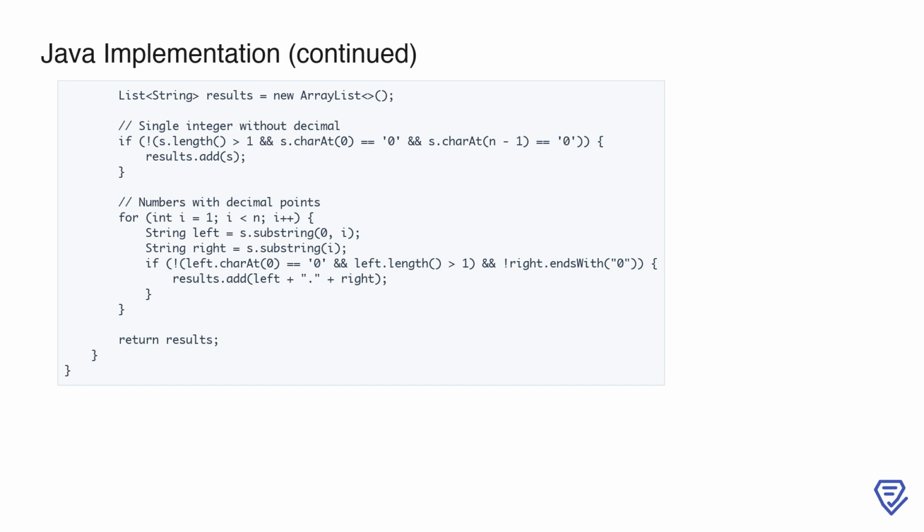Next, we consider numbers with decimal points by looping through all possible decimal positions. For each split, the left part represents the integer portion, and the right part represents the fractional portion. We ensure the integer portion does not have leading zeros unless it's 0, and the fractional portion does not end with a 0. If these conditions are satisfied, we concatenate the left and right parts with a decimal and add the result to the list. This method ensures that only valid representations are included, which are then returned to the main function.